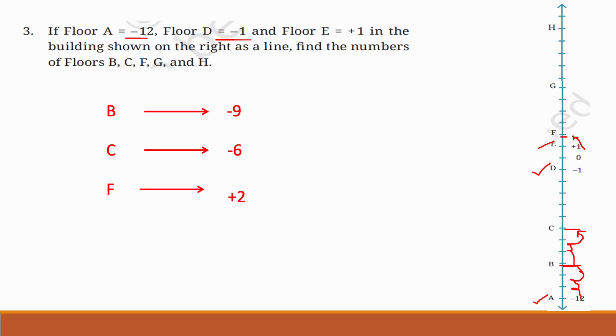The next one, G. So, here it is G. F is 2, so 3, 4, 5, 6, plus 6. The next one, H. G is 6. So, 7, 8, 9, 10, 11, plus 11.